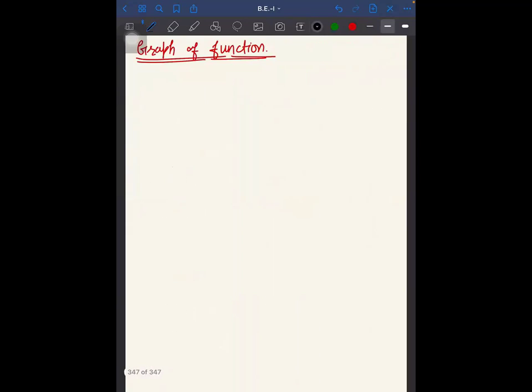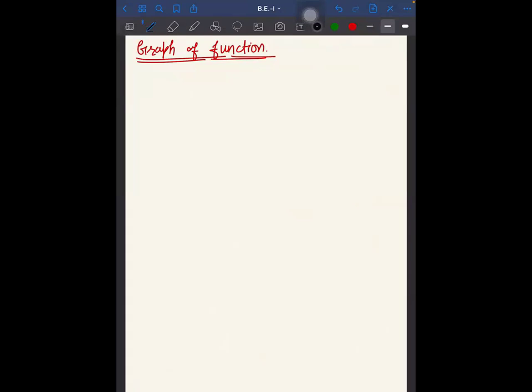Now I was asking something, that is the graph of a function. So can you tell me what is the graph of the function? Can anybody? Sir, it will plot the value of the function with respect to the inputs.